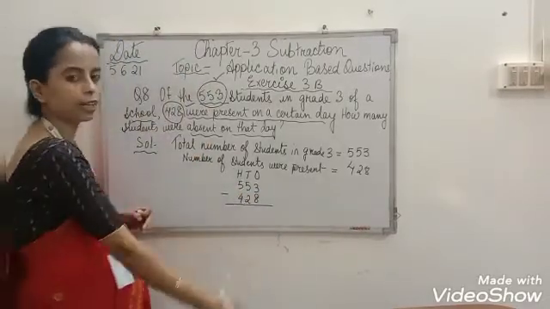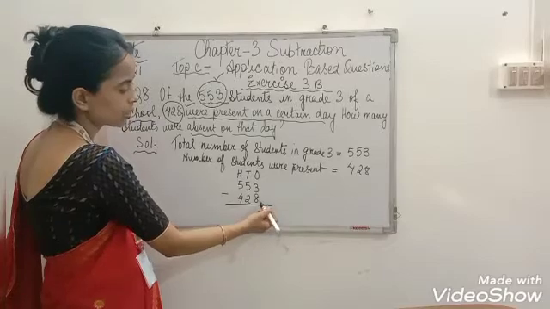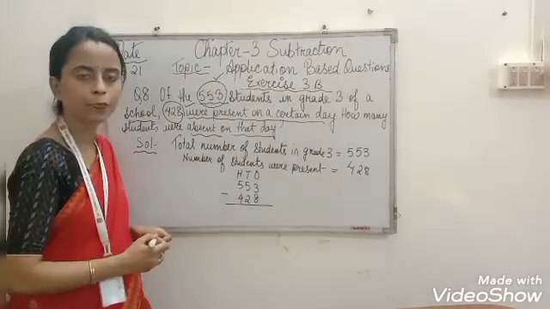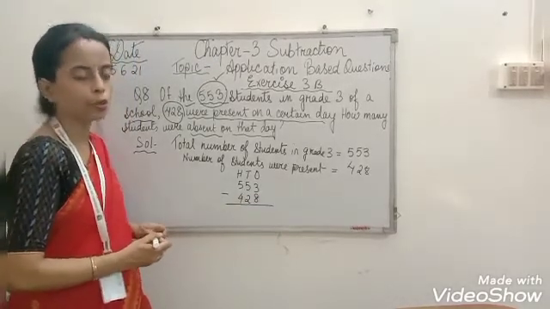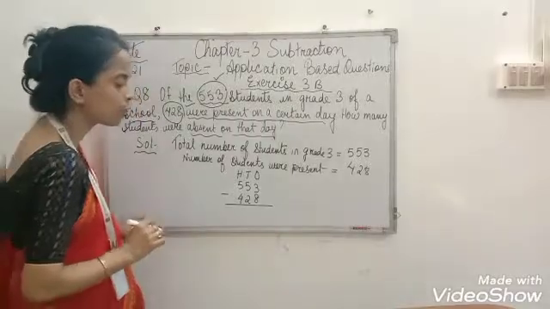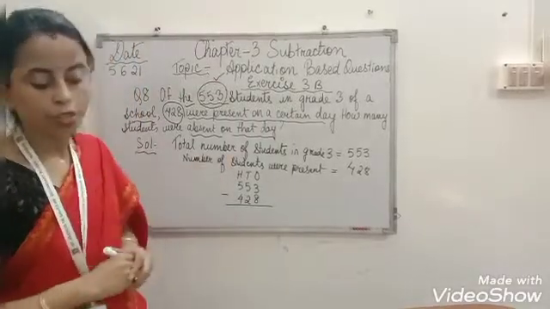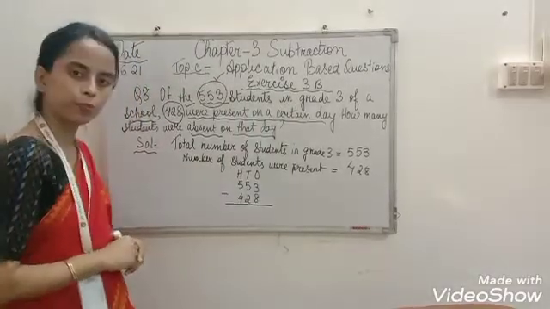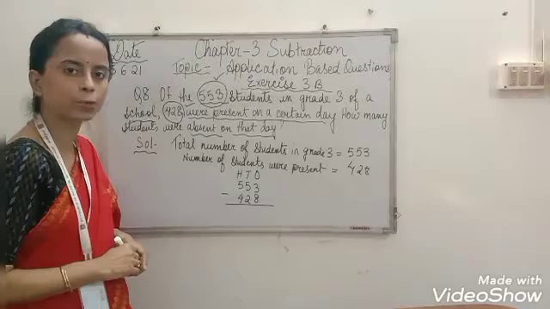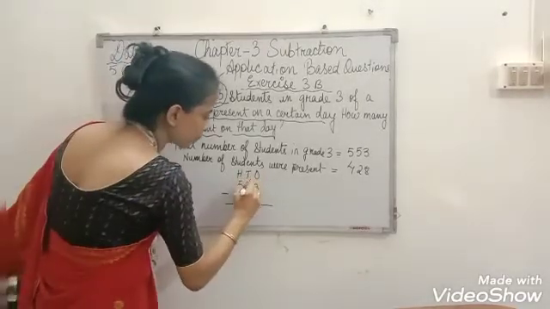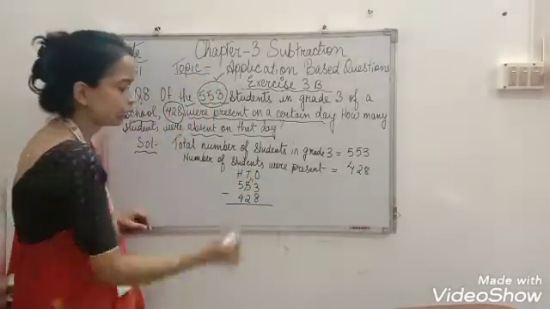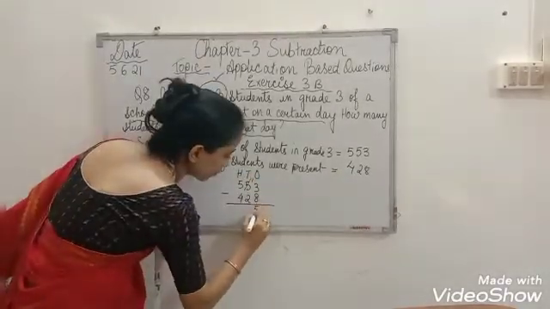So see children, here can we subtract 8 from 3? No. So what do we have to do? We need to borrow from the nearest place. So 10 we will borrow, it becomes 13. 13 minus 8 is 5.